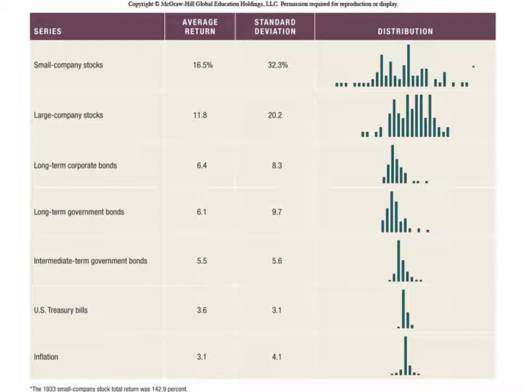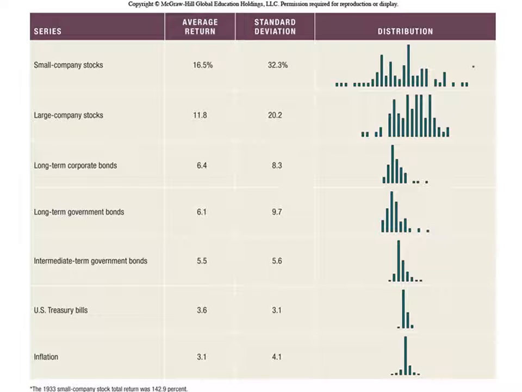Now there is an anomaly here. An anomaly is something that theory can't explain. Take a look at the standard deviation on long-term government bonds. The standard deviation is higher than that for long-term corporate bonds. So this means, in theory, that long-term government bonds actually experience greater volatility than long-term corporate bonds.